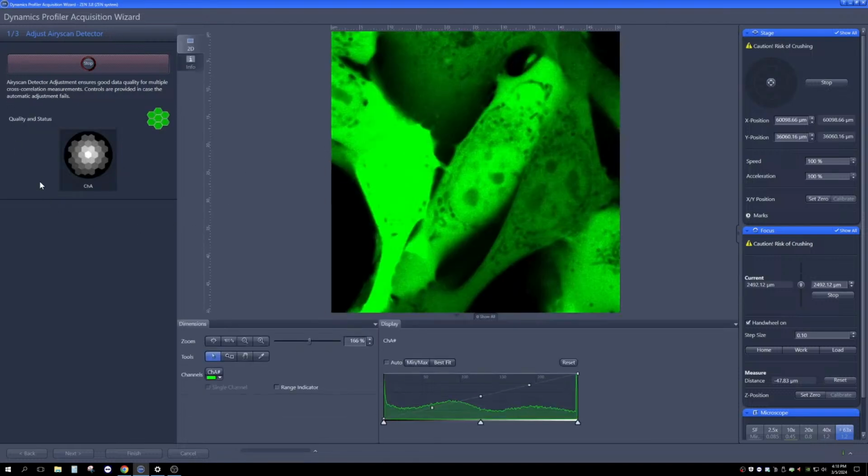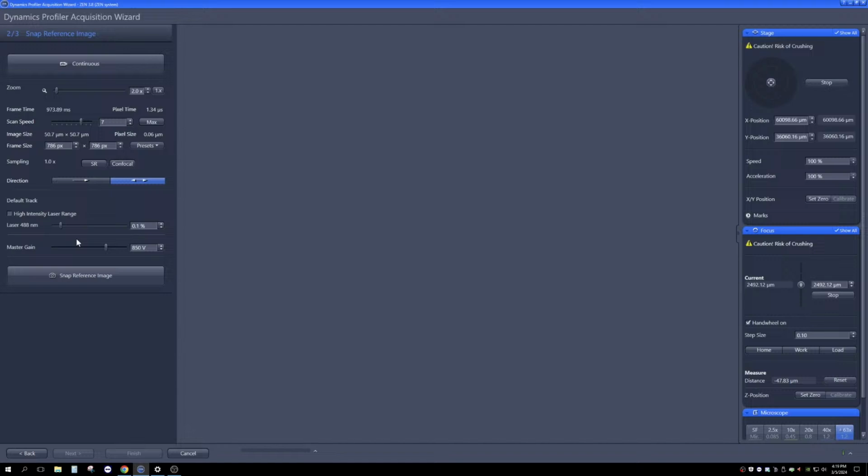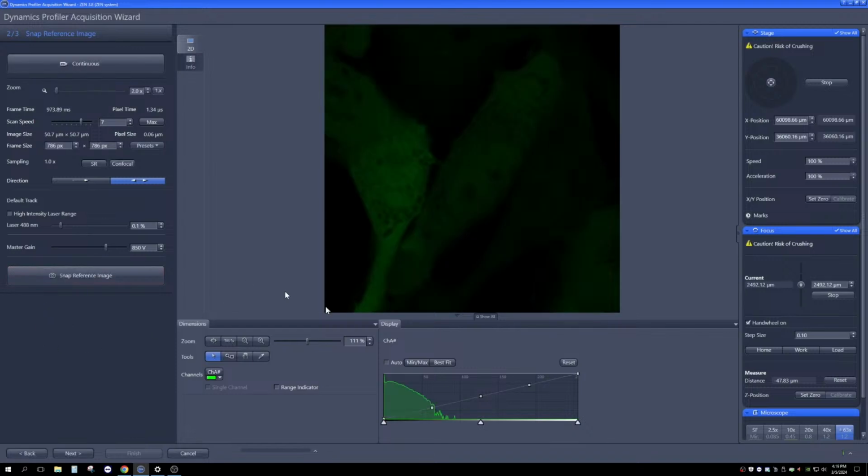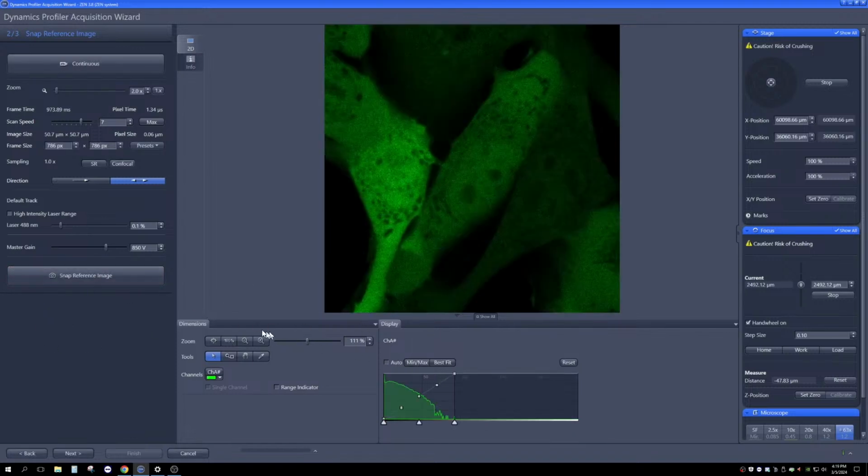And one of those optimization steps is aligning the Airyscan detector. So that was really quick because it was basically already aligned, but in case you didn't actually give the Airyscan detector time to align before jumping into the wizard, it forces you to do that as a first step because, again, we want to make sure you're getting as accurate of measurements as possible. Something really nice about Dynamics Profiler over traditional FCS is we actually have context to what we're measuring. So the next step in this wizard is going to walk you through taking a snap.